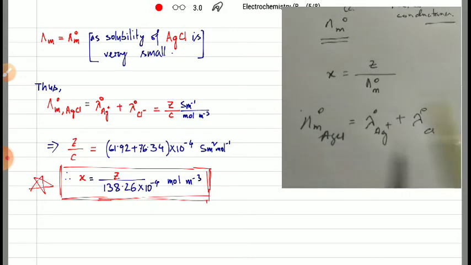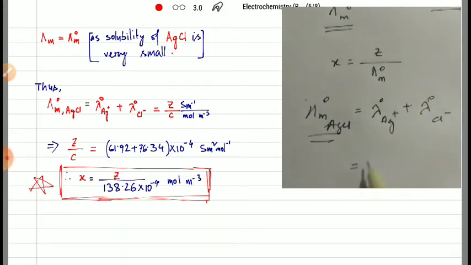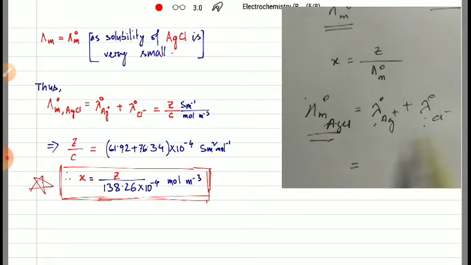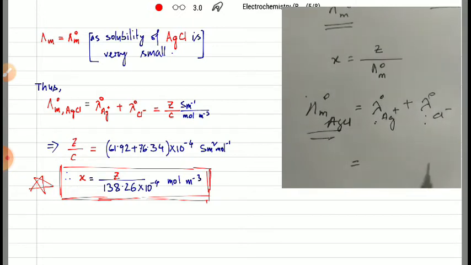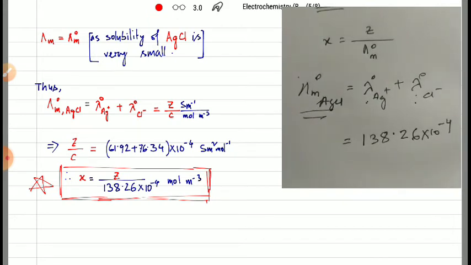Using this law we can calculate the value, and these values are already known. So just put the values, and the value is 138.26 into 10 to the power minus 4.